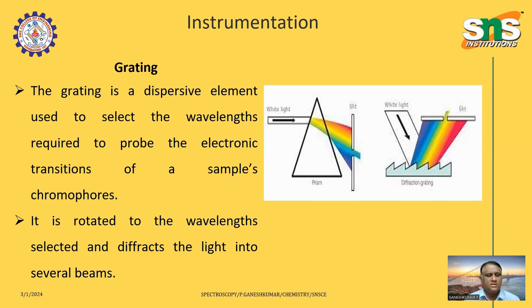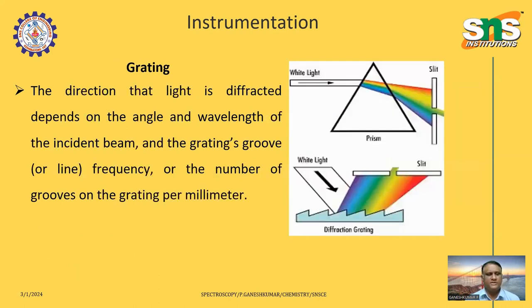The grating is rotated to the wavelengths, and the wavelength gets selected. Whatever wavelength we require, we can select, and it diffracts the light into several groups.